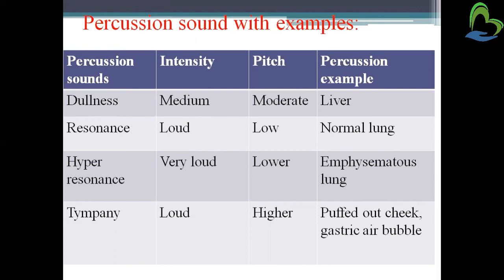Then the third one is hyperresonance. It is very loud and the pitch is very low, and you can hear it when the patient has an emphysematous lung. Then the fourth one is tympany. The intensity is very loud and the pitch is much higher. It is heard over a puffed out cheek or gastric air bubble.